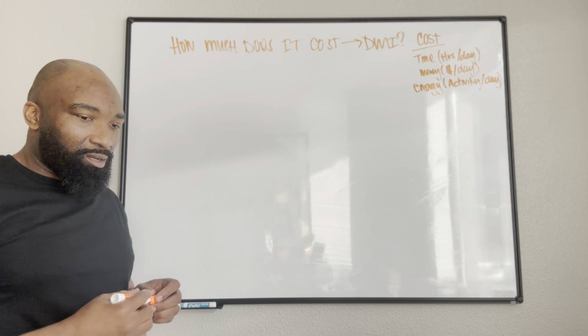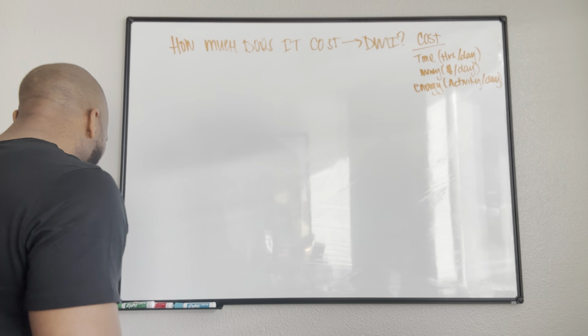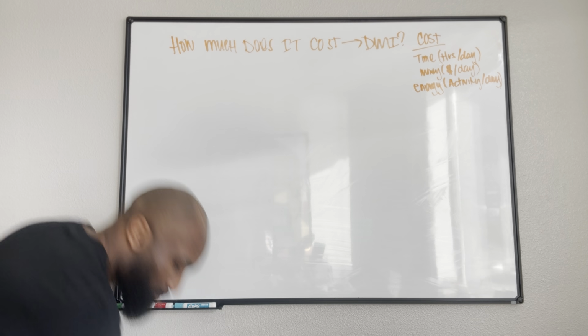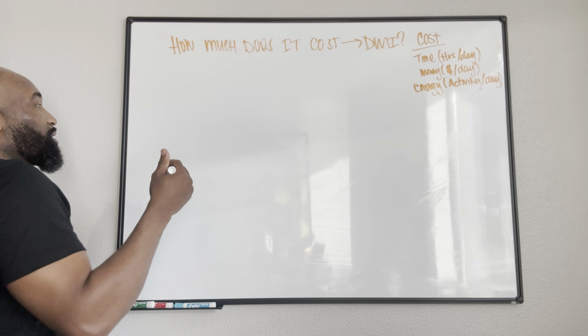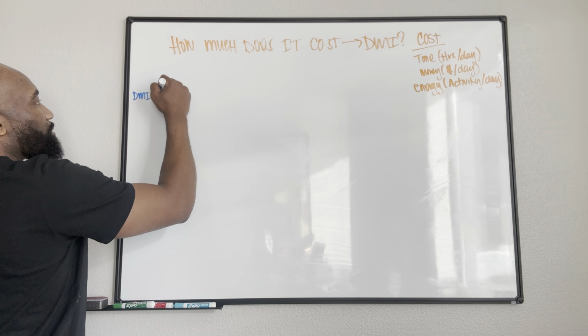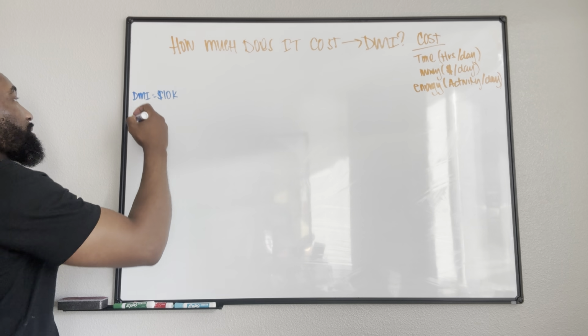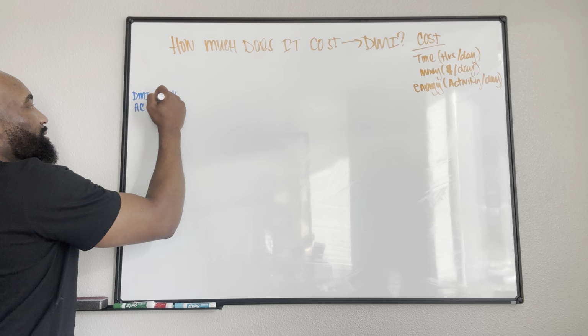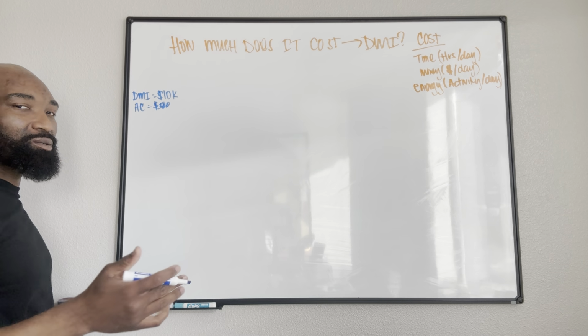And let's break this down by looking at some different scenarios. So let's say your desired monthly income is $10,000 a month. Let's say that your average commission per close is a smaller margin, maybe like $500 per close.